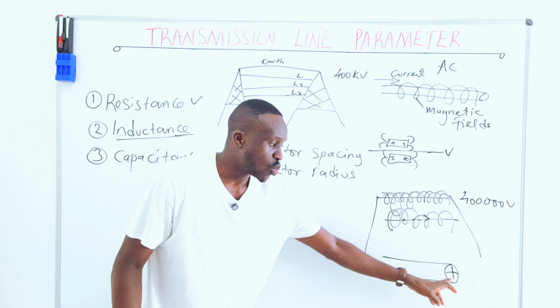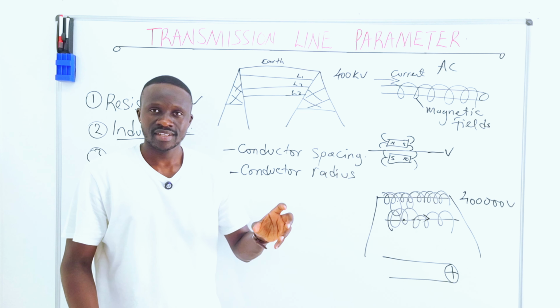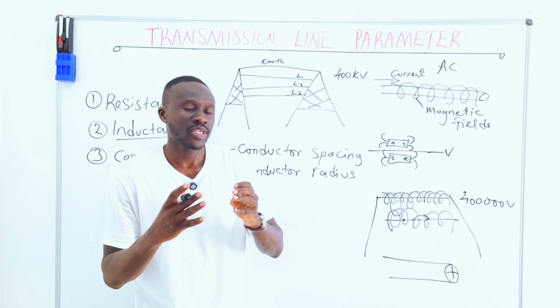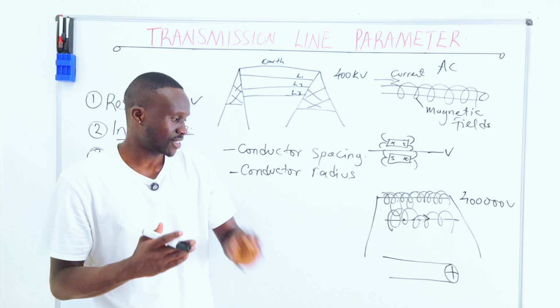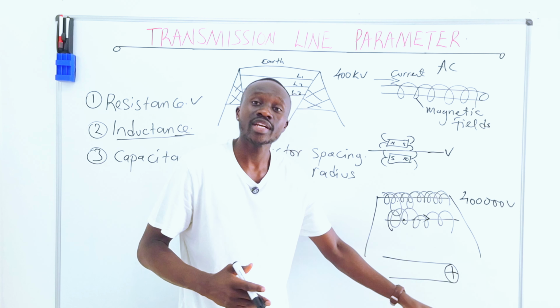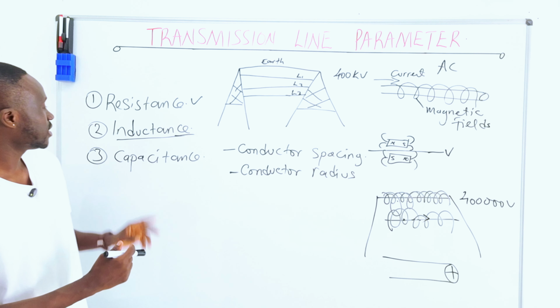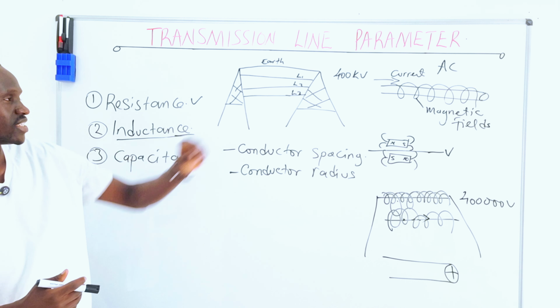That's why when we are talking about millimeters, give me a cable of 2 millimeters, give me a cable of 1 millimeter, 4 millimeter, 16 millimeter, 10 millimeters, we are talking about the radius or the cross-sectional area of the cable. This is the second factor of the inductance on these transmission lines.